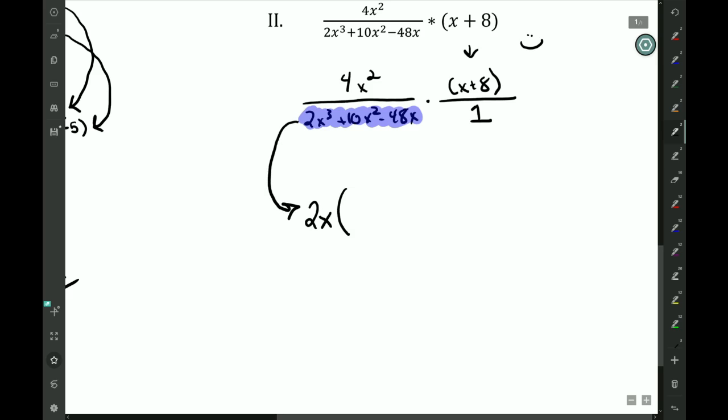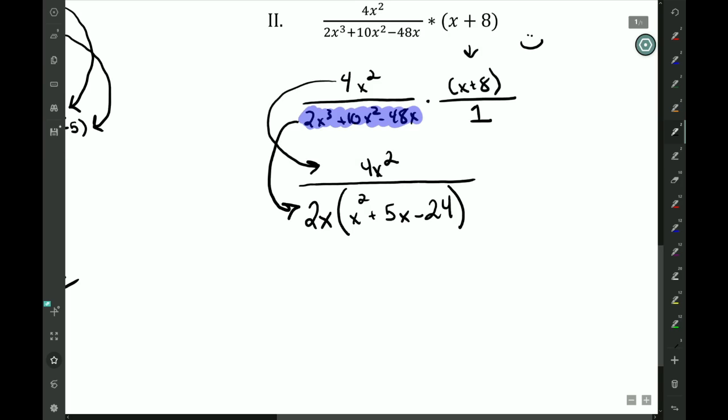They each share that. That's going to leave you with x squared, it's going to leave you with 5x, and it's going to leave you with negative 24. The numerator, we can't really do much with it, so it's just going to stay 4x squared. Over here, we have the x plus 8 over 1.